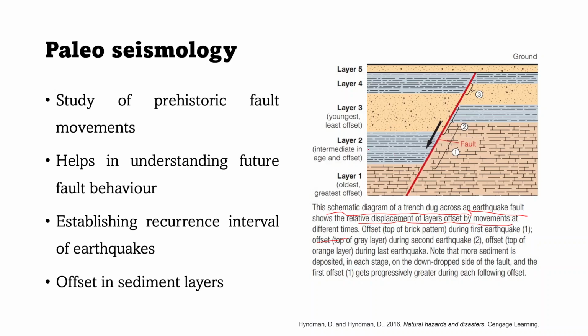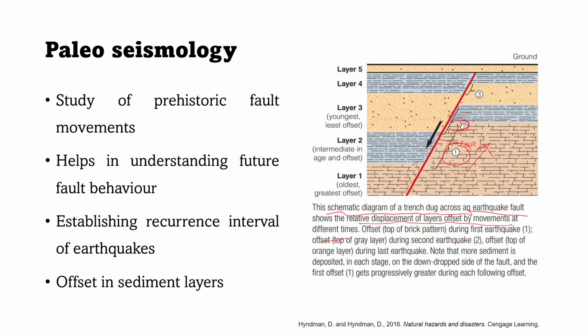So during the first earthquake, that is this one, the offset, if you look at the top of the gray layer, you can see it has come down, right? During the second earthquake, the offset is like this. So this much of difference is there. This part, earlier it was over here, and then it came down, or rather you can say this went up, either way. So that change you can see, right? This one and this one should have been together, and this one and this one.